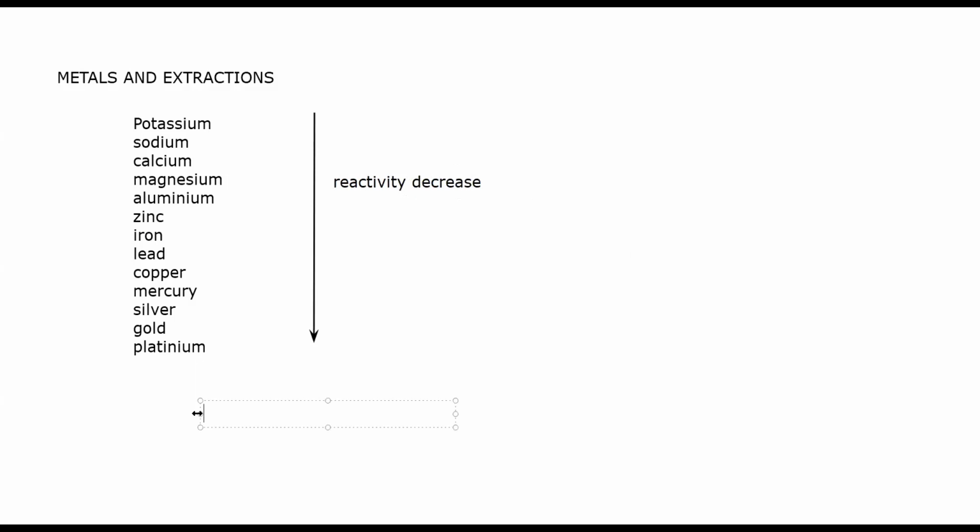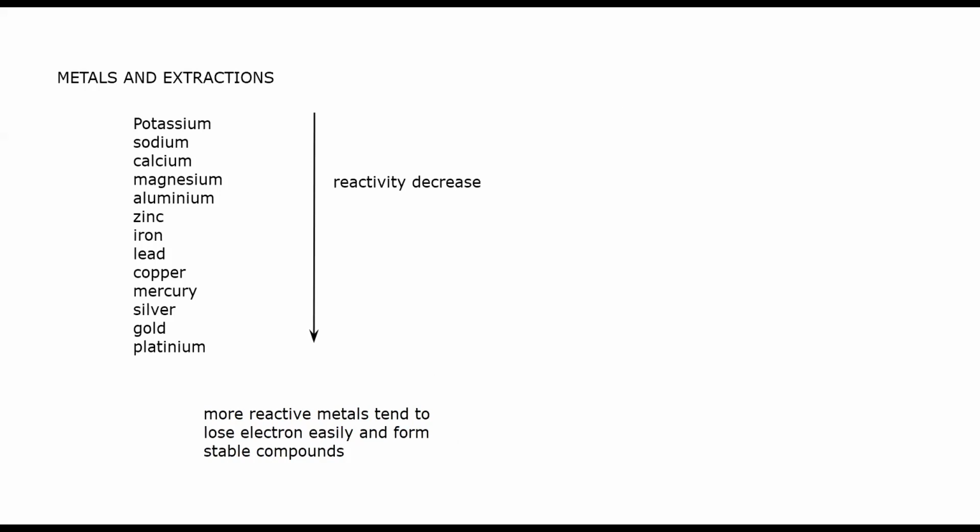And more reactive metals tend to lose electrons easily and form stable compounds. So the more reactive metals can lose electrons easily and they will form stable compounds. What does it mean?